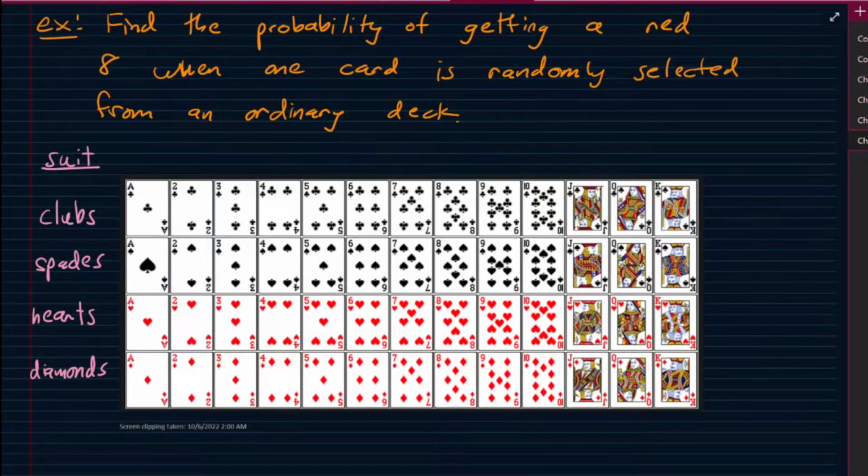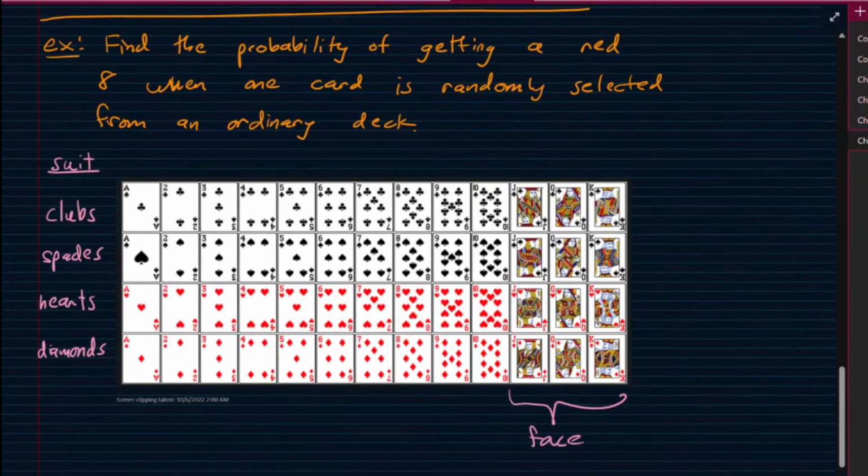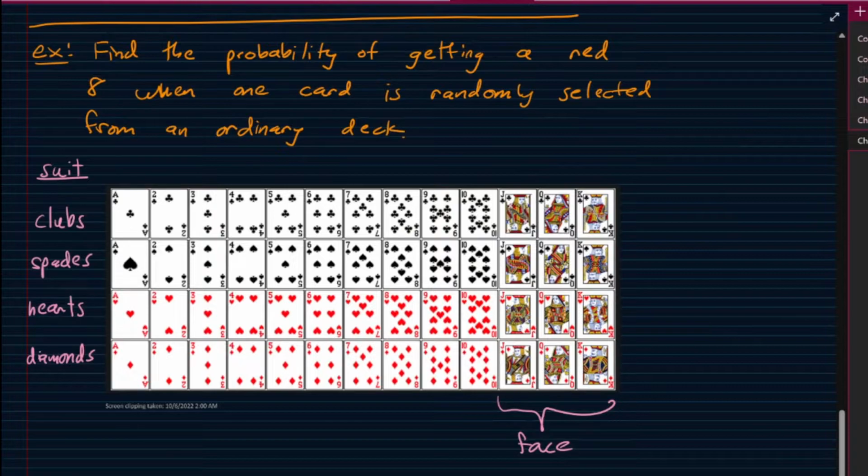If you don't know what the face cards are, it's these ones over here on the right: the jacks, queens, and kings. The ace is not a face card. Only the ones that have a literal face, like the jack, queen, and king. They do ask a lot of questions like that in the book, so I'm just trying to explain that here, in case you're not very aware of cards.